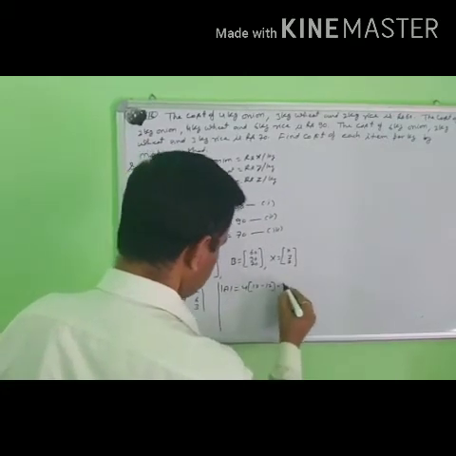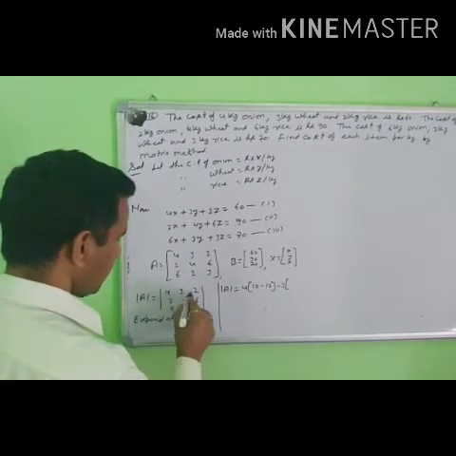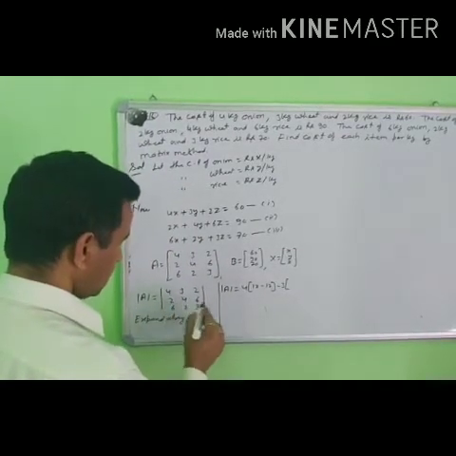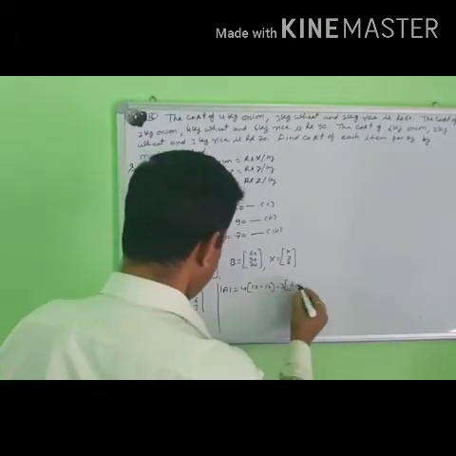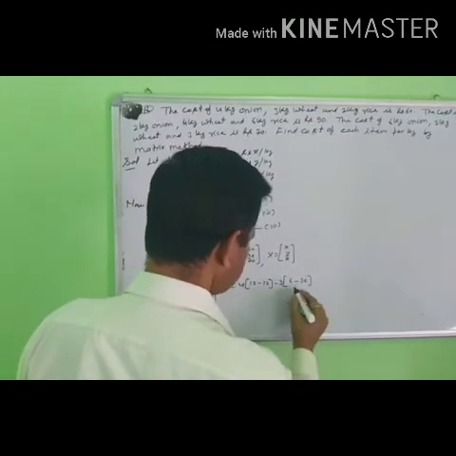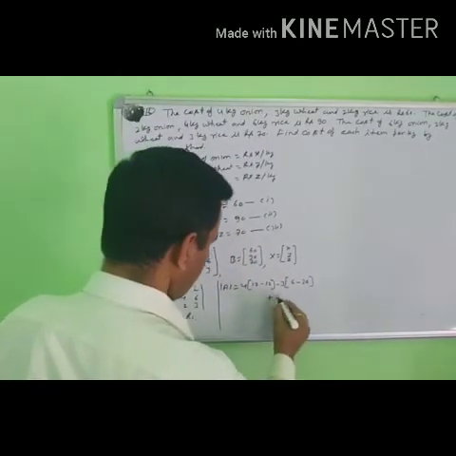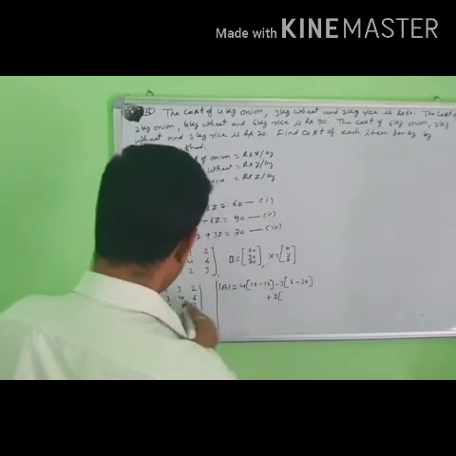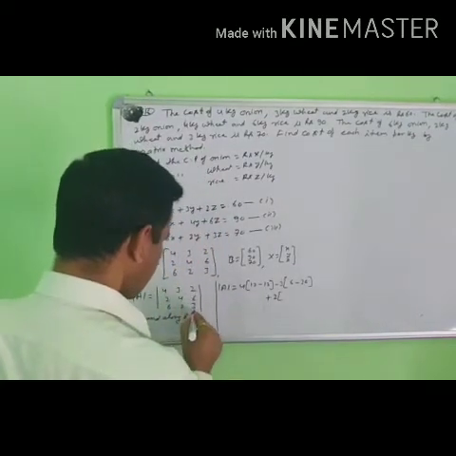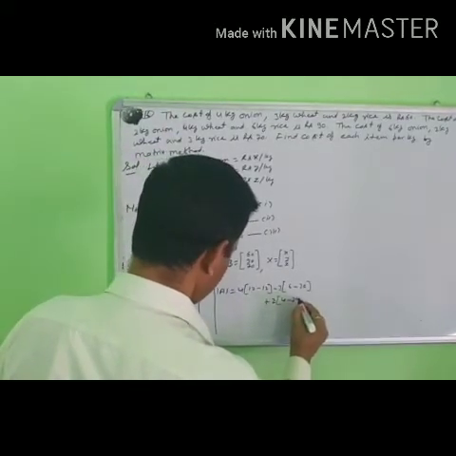Minus 3 times, the second element, the first row and second column are hidden: 2 times 3 is 6 minus 6 times 6 is 36. And next plus the third element, 2 times, the first row and third column are hidden: 2 times 2 is 4 minus 4 times 6 is 24.